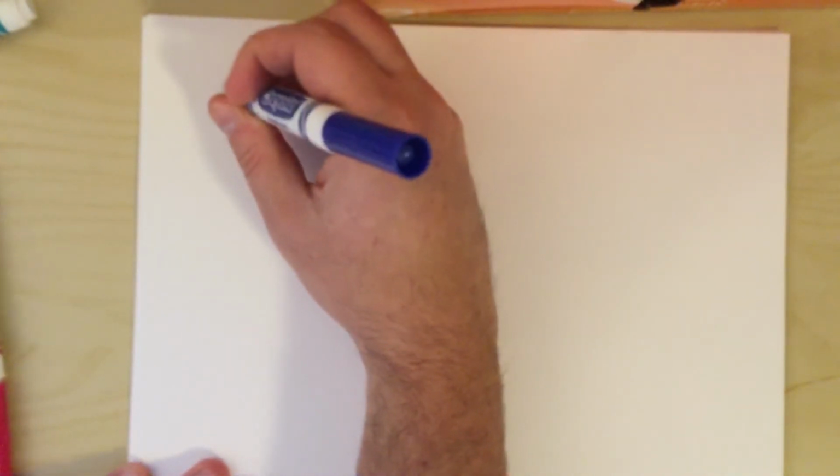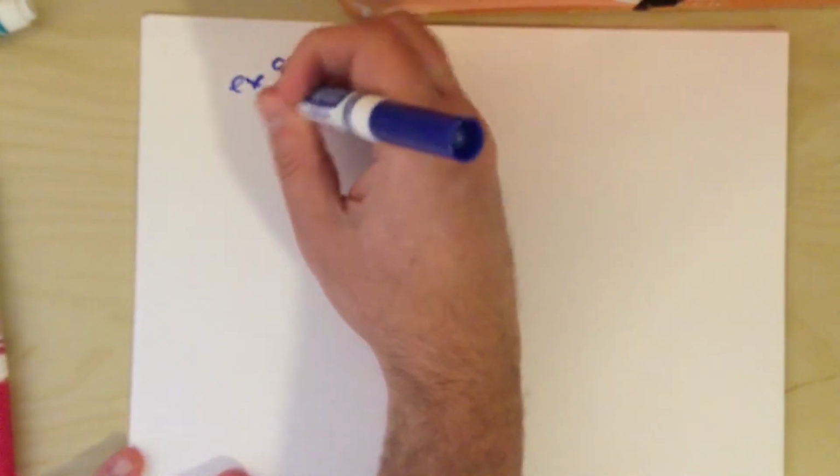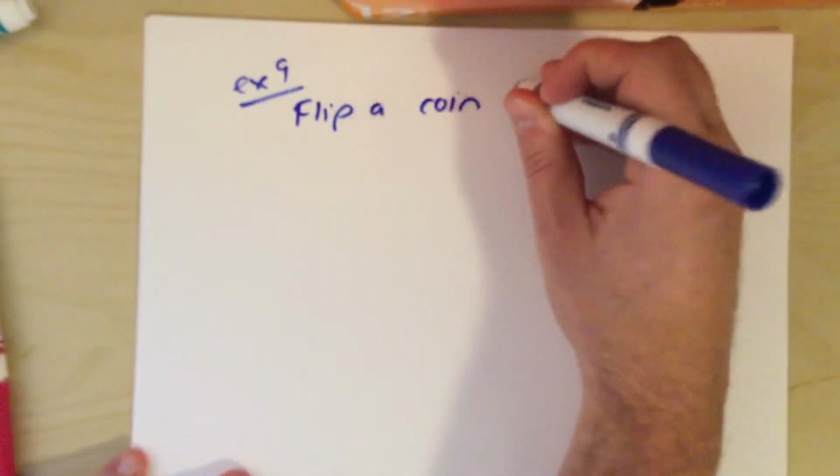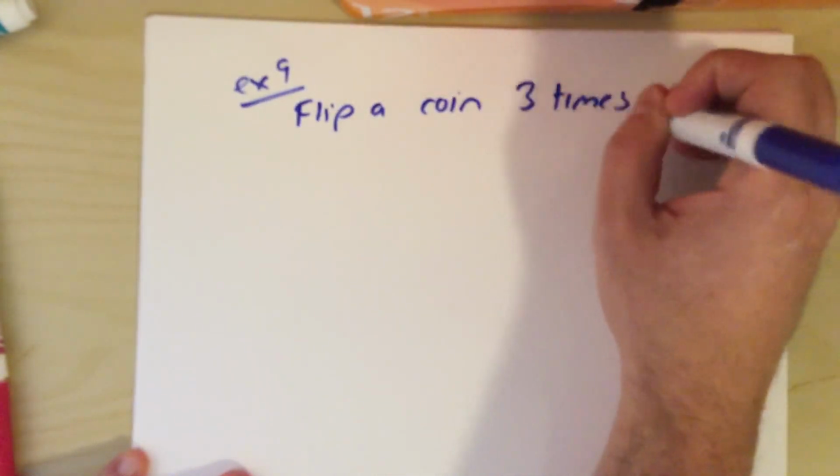Now let's say I asked you, and this is example 9: flip a coin 3 times.